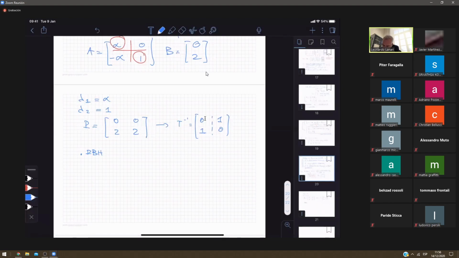So let's consider first lambda 2 equal 1. A minus lambda 2 identity, B gives alpha minus 1, 0, minus alpha 0, and 0, 2.